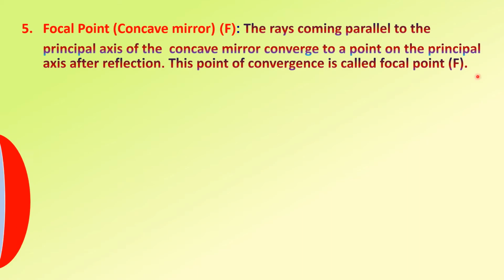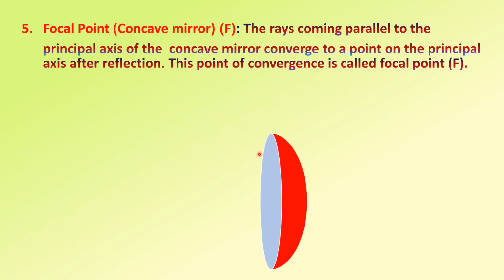Let us see here. This is a concave mirror, and this one is the principal axis, P is the pole, and C is the center of curvature. Okay.